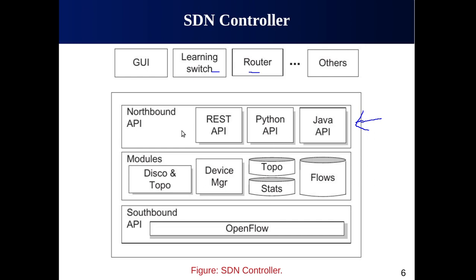So every controller provides core functionalities, and core features in the controller include, for example, end user device discovery, like the discovery of end user devices, whether it is a laptop, a desktop, a printer, mobile device, PDA, etc.